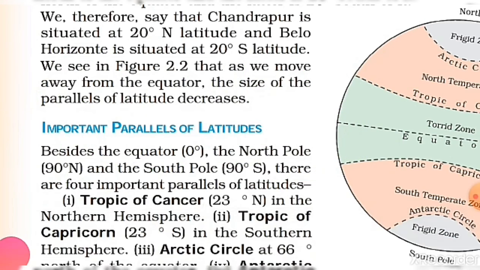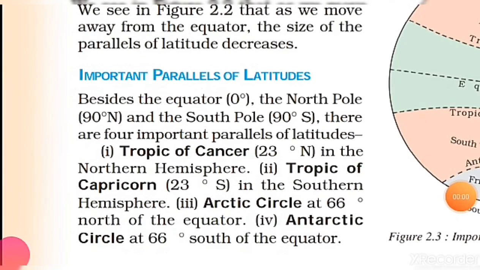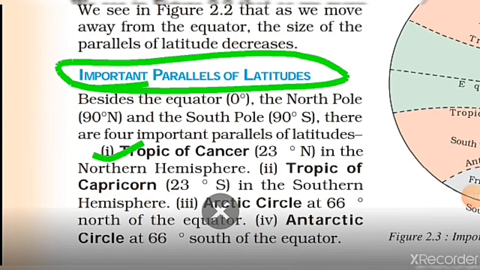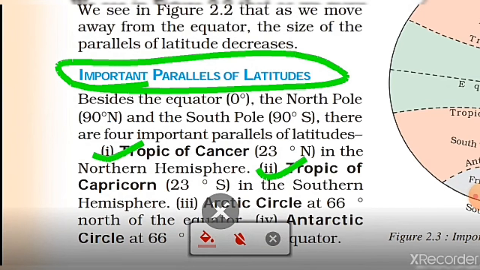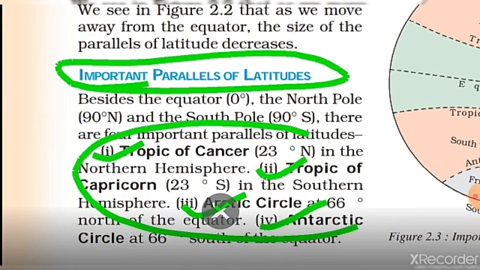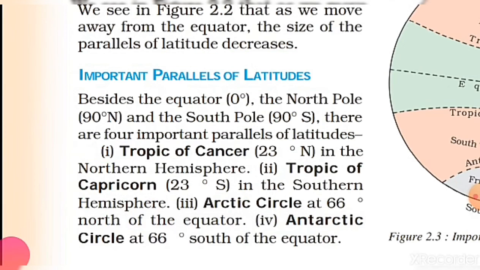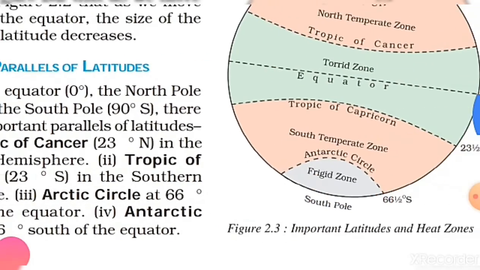Now let's start the new topic: important parallels of latitude. First is the Tropic of Cancer, second is the Tropic of Capricorn, third is the Arctic Circle, fourth is the Antarctic Circle. You have to understand all these four in this figure. I'll show you.